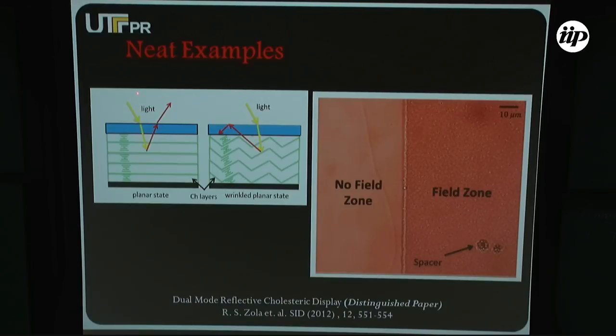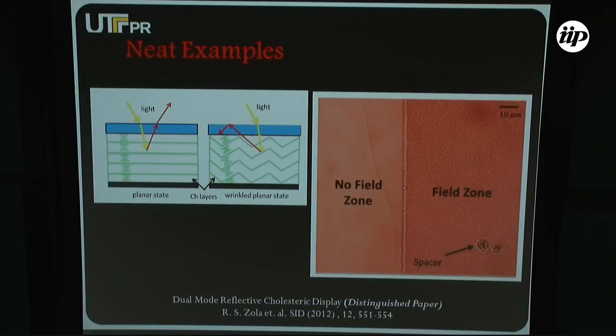Okay. You just apply a very short pulse because what happens here is when you apply an electric field in the cholesteric, the molecules try to orient. If it's positive dielectric anisotropy, it tries to orient with the field, right? So what happens is it has to unwind the helix, and this is a nucleation process, because first the helix tries to go to focal conic and then to homeotropic, and this happens by nucleating defects around the spacers and things like that.